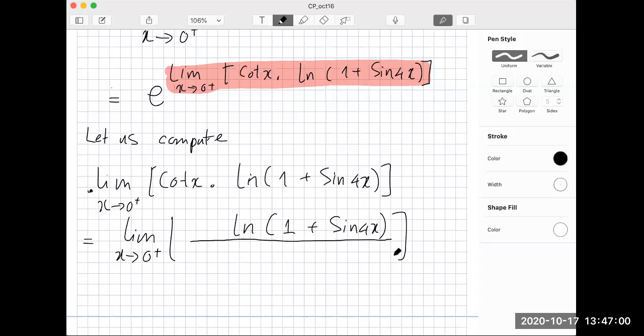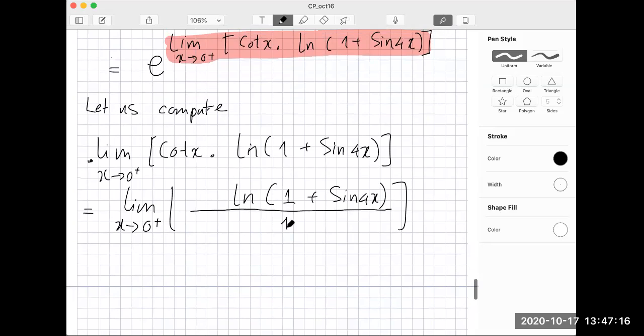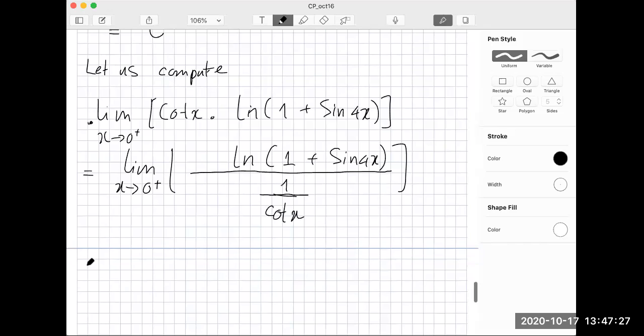Is it 1 over cotangent x? Perfect. And 1 over cotangent x, can we write it in terms of tangent? Very good. 1 over cotangent will be tangent. Perfect. Thank you, Daniel.